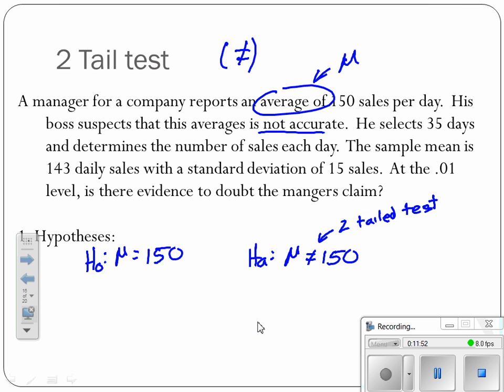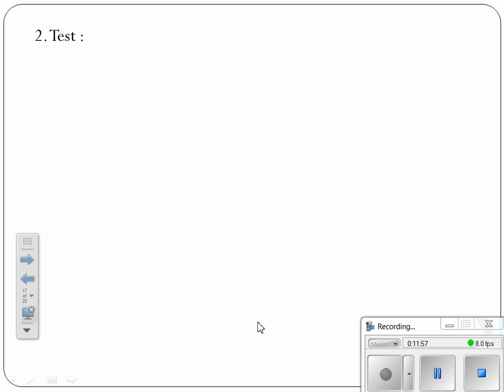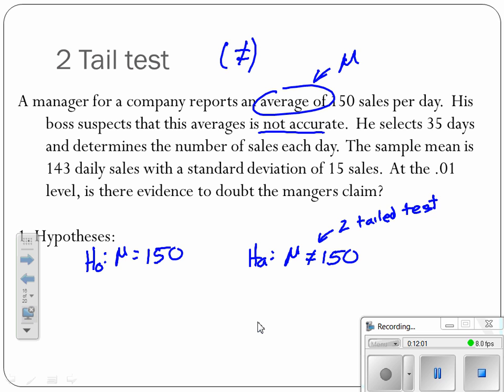So once we've got our hypotheses set up, let's go ahead and think about what type of test we would run. Since, again, what we have is a sample standard deviation, right? This right here, that is S. That means that we are about to run a t-test.